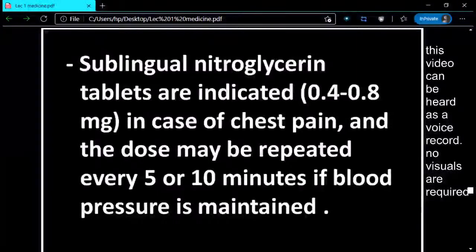Moving on to the next slide we have nitroglycerin, administered sublingually for the heart patients.